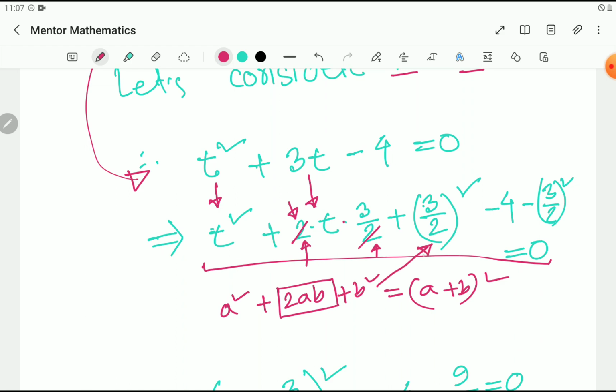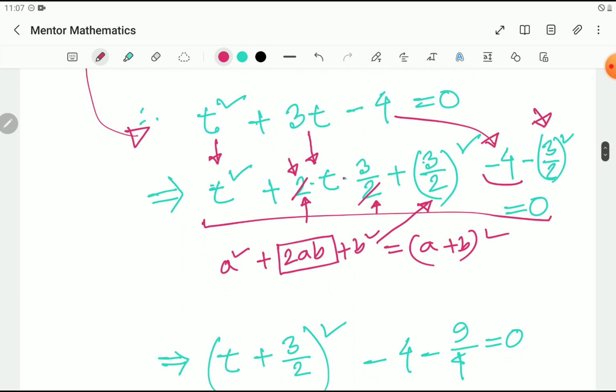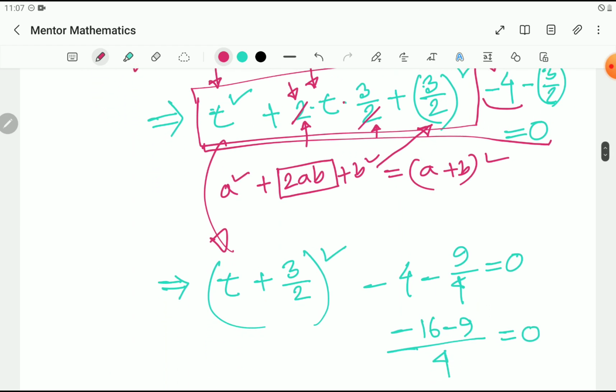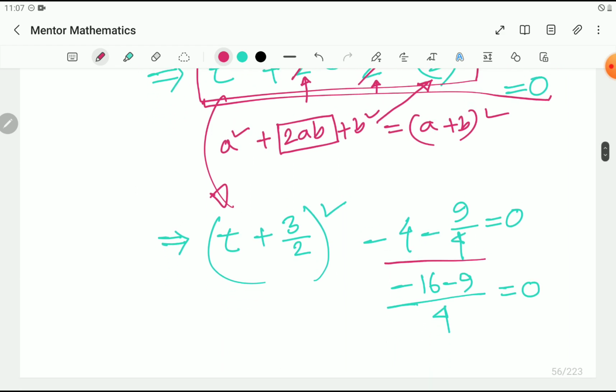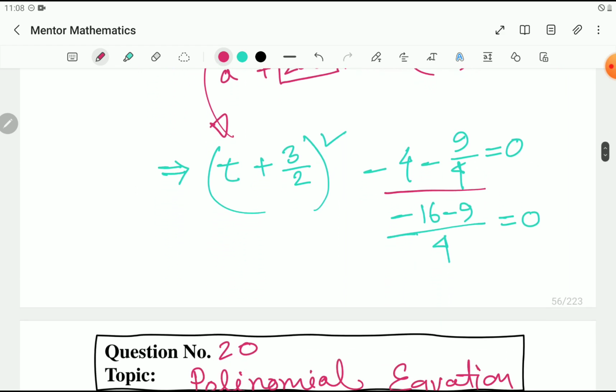this is actually the value b. This 3 by 2 whole square, we took it extra, therefore we subtract it, we add it with a negative sign, and this minus 4. So this total part we can write like this: t plus 3 by 2 whole square, and this is the remaining part, minus 4 minus 9 by 4, and it becomes like that.